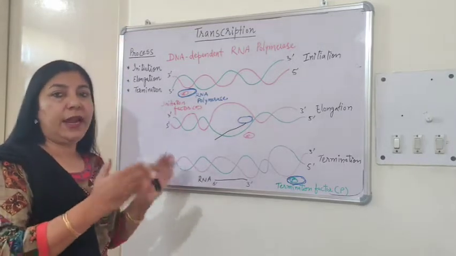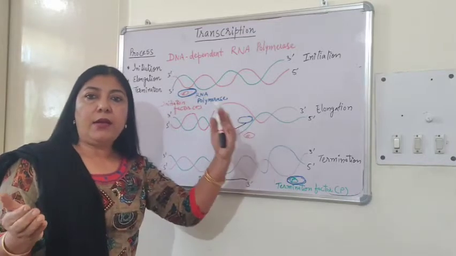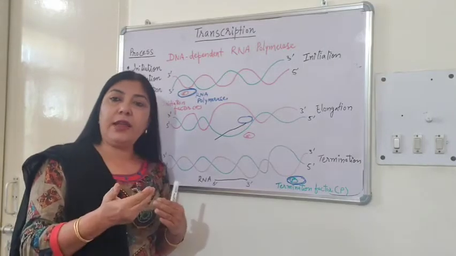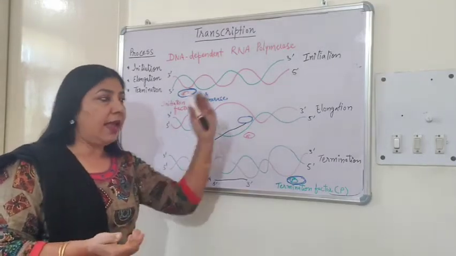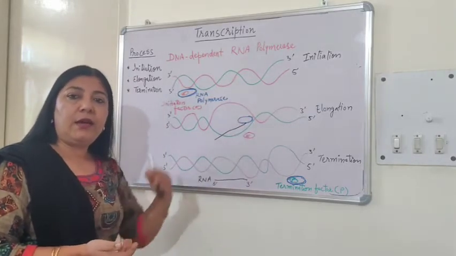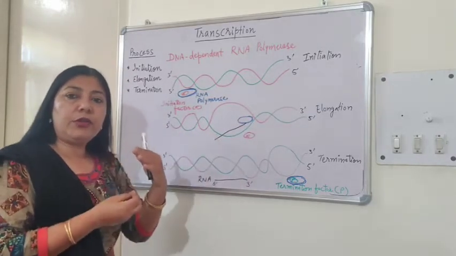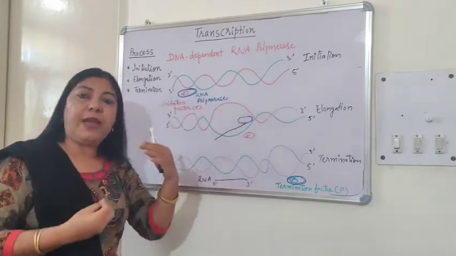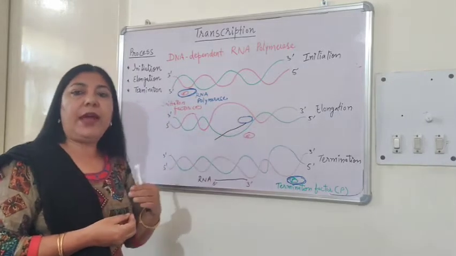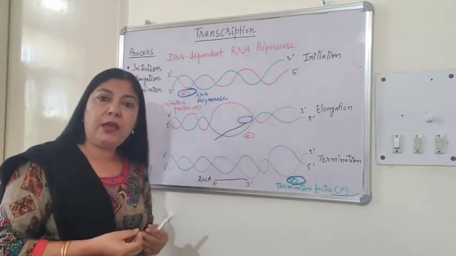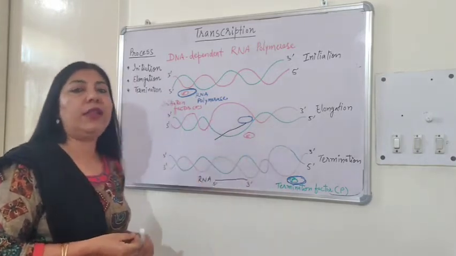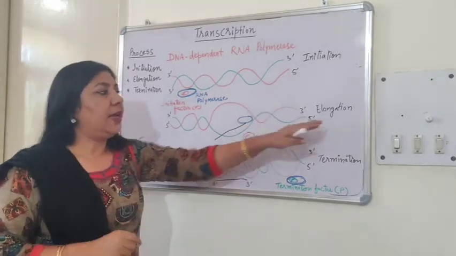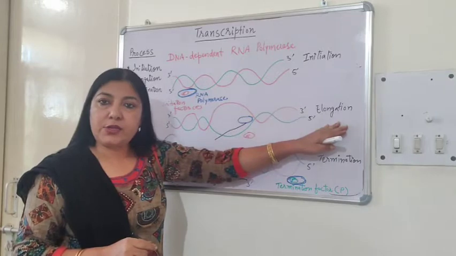You know A, T, C, G. A's complement is T, but in RNA, instead of T, it will be uracil, U. A will bind with uracil, and T will bind with adenine. C will bind with guanine, and G, that is guanine, will bind with C, cytosine. Based on that, the second step is called elongation.